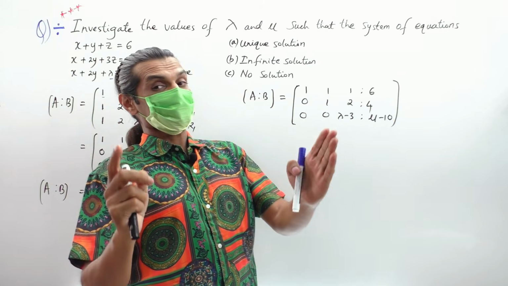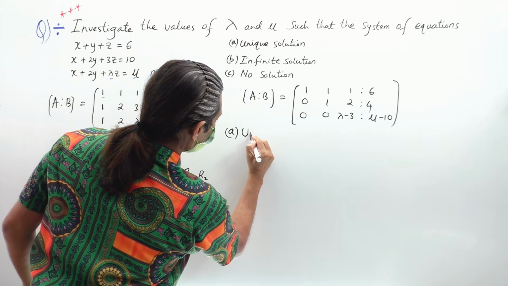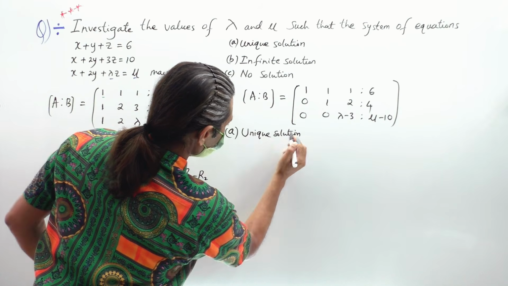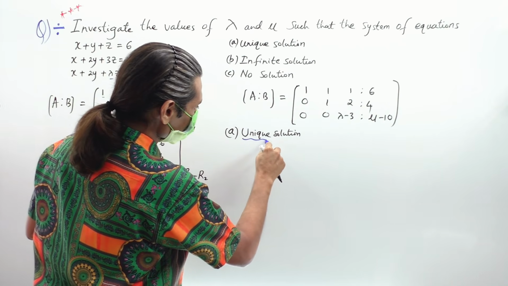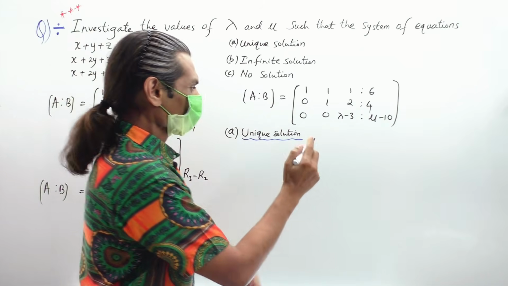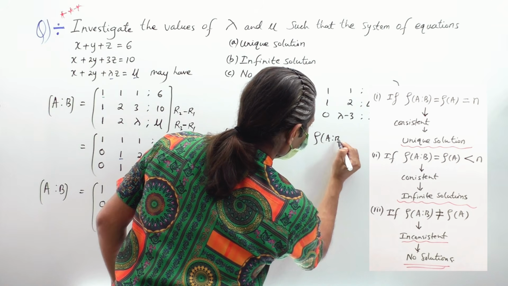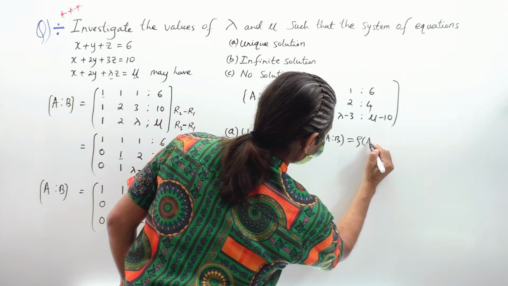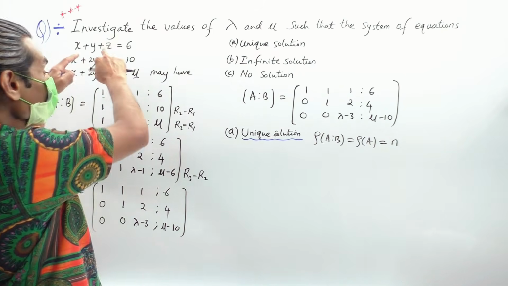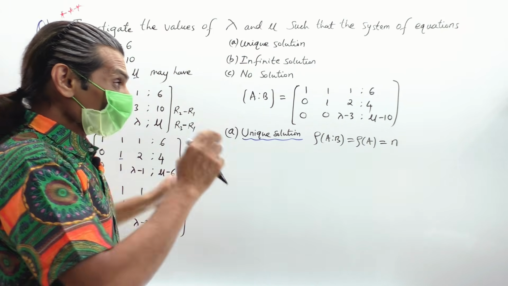If you go back to the theory, the first thing I write here: A is unique solution. See, the meaning of unique solution is: recall, rank of A augment B equals rank of A, that is equal to n. N is the number of variables. Here it is x, y, z, 3 variables. So when is this possible?